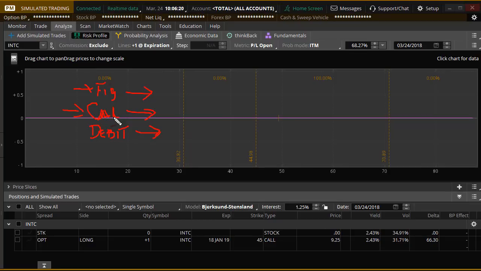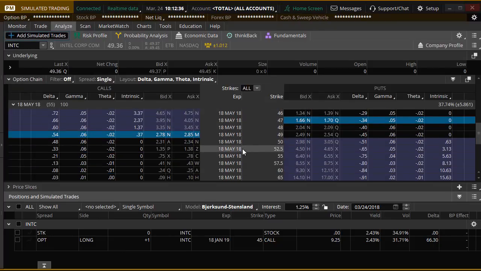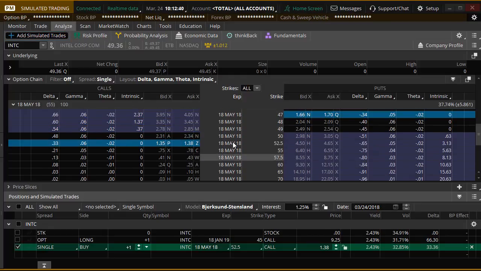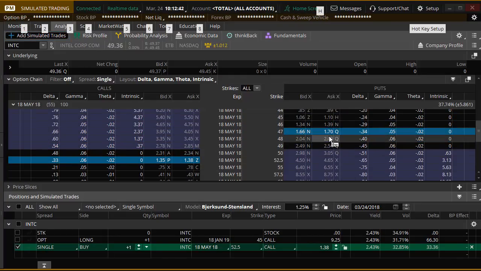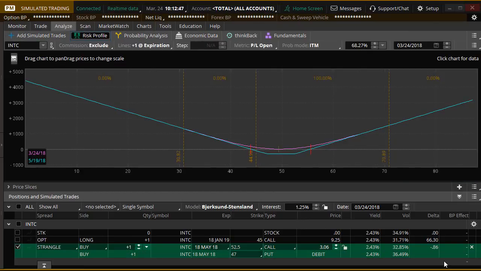What is that trade? You buy an out of the money call, buy an out of the money put. It's a strangle.